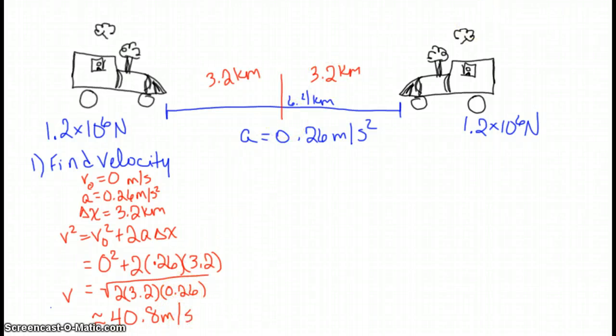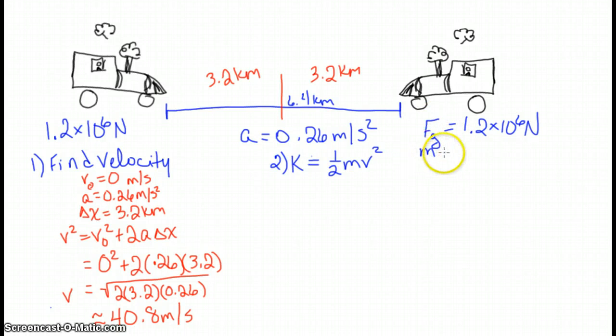So once we have the velocity, what are we going to do? Well, once we have the velocity, we're looking for what the kinetic energy is of the system. So the kinetic energy of one of these is going to equal 1/2 mv squared. Well, what is the mass? The mass, if this is our weight, is 1.2 times 10 to the 6. This is our force due to gravity.